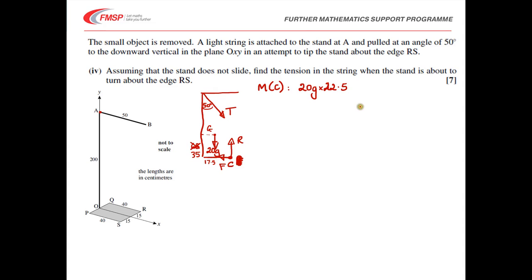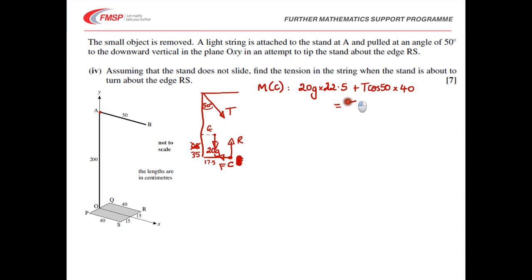If I'm totting up all of the anti-clockwise moments, I need to include a component of T, and that's going to be T cos 50 multiplied by the distance of the line of action from the pivot, which in this case is going to be 40. So that is the downward component of T, T cos 50, multiplied by that horizontal distance there, the 40. So that's all my anti-clockwise moments.